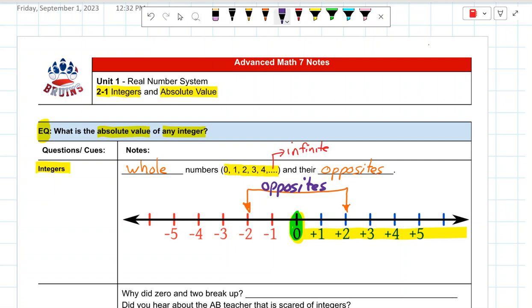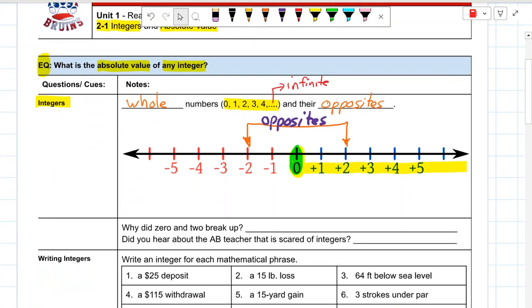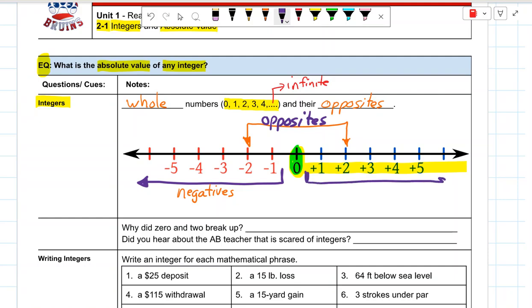Now, there are portions of the number line that we need to declare. Draw a little line right here and draw a line over, and make sure you have an arrow on the end of it. All of these numbers are known as the negatives. And all of these numbers over here, not including 0, going to the right with an arrow infinitely, are known as the positives.